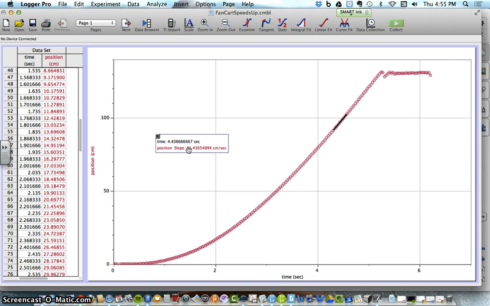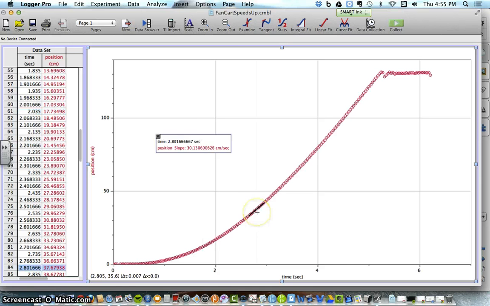Down here, at 0.7 seconds, the slope of this line tangent to this curve is 3.8 centimeters per second, meaning at this moment in time our instantaneous velocity is about 4 centimeters per second. Later on, we have a velocity of about 17 centimeters per second at 1.7 seconds.